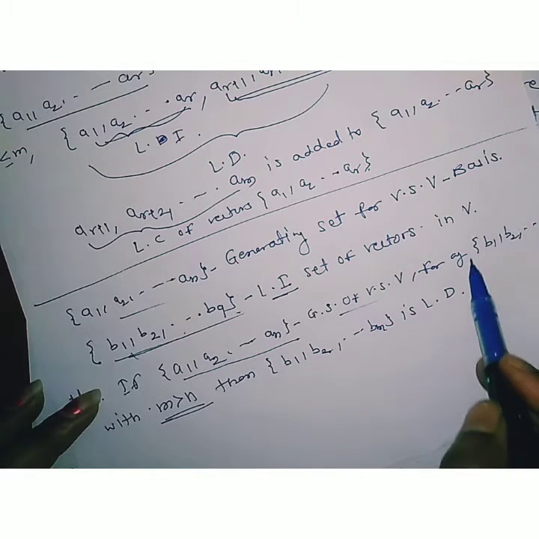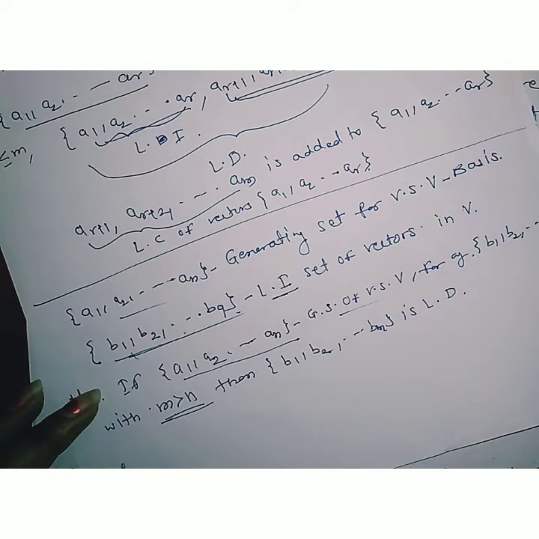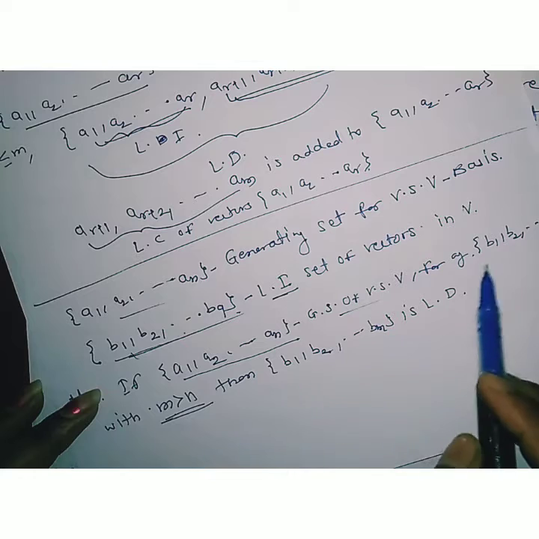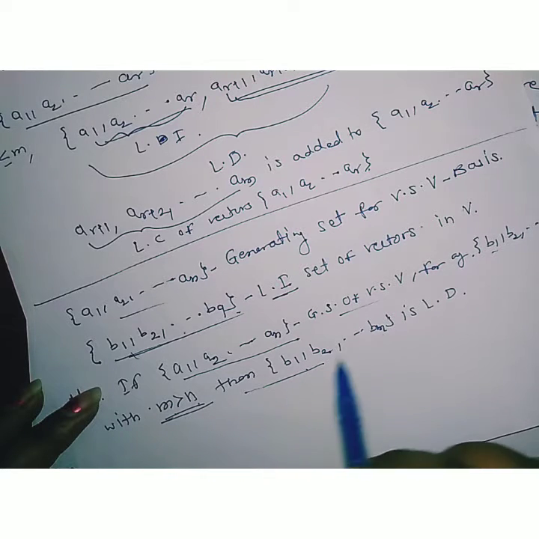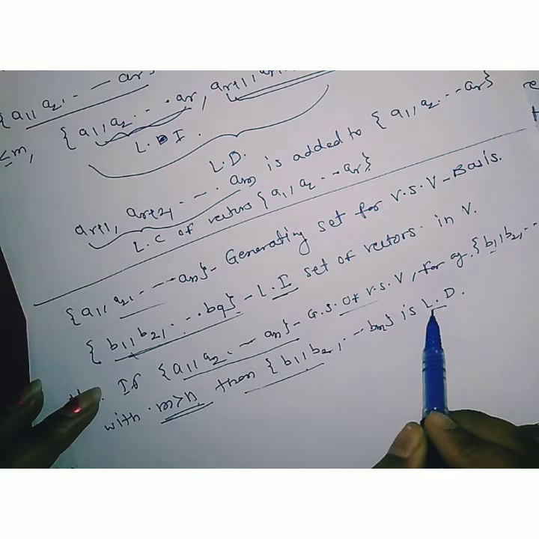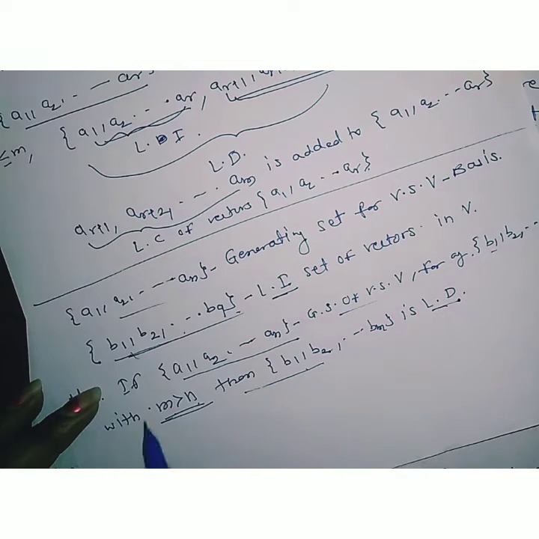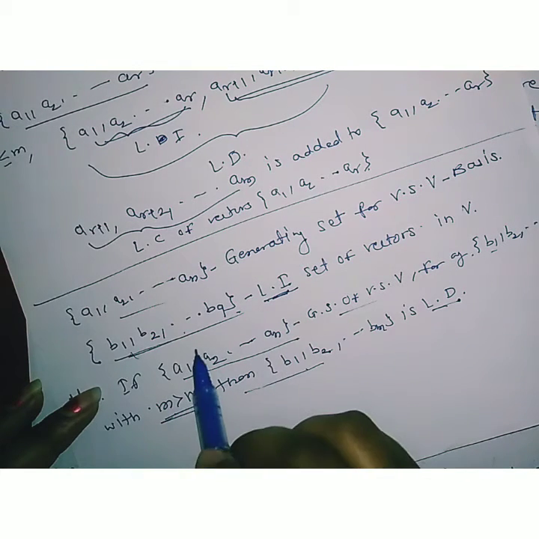If we apply this theorem on the two sets, here we have b1, b2, ..., bm with m greater than n, then this set b1, b2, ..., bm is a linearly dependent set. But here we are given a linearly independent set.